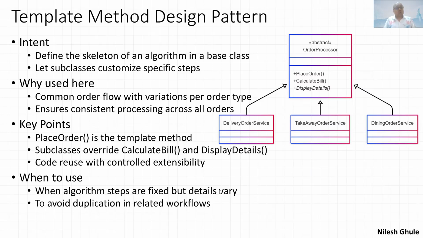In this case, you will find that place order is a template method, and subclasses can override certain methods, maybe calculate bill, display details, or if you want, you can even make place order a virtual method. Here, we are allowing code reusability, but the extension is controlled because the basic template of placing an order is fixed.